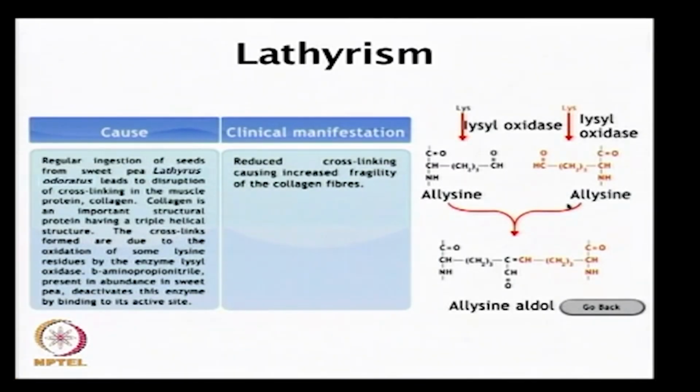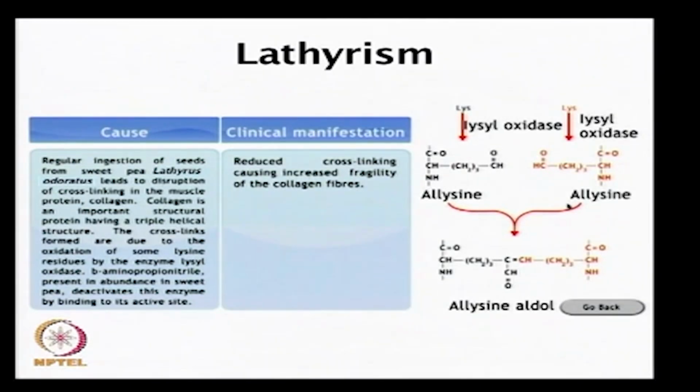Lathyrism is caused by regular ingestion of seeds from the sweet pea Lathyrus odoratus, which leads to disruption of cross-linking in the muscle protein collagen. Collagen is an important structural protein having a triple helical structure. The cross links formed are due to the oxidation of some lysine residues by the enzyme lysyl oxidase.